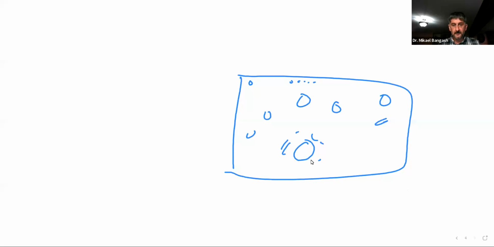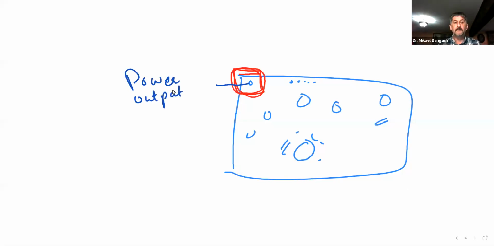In most systems, here on the left side, is there a knob or a button that is most likely labeled as power output. So what does that tell you? Power. Now, most of the knobs and buttons are something you can rotate.